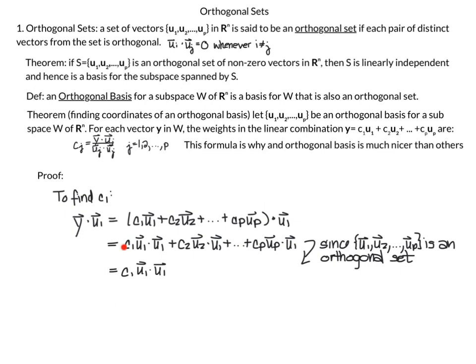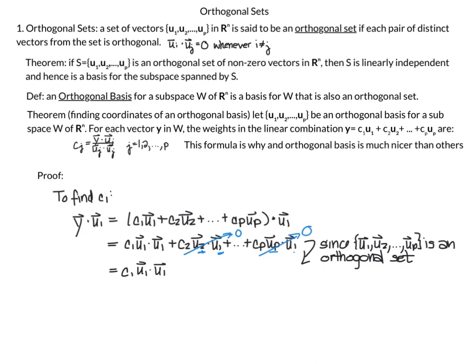We get c1 u1 dot u1, c2 u2 dot u1, up to cp up dot u1. And again, we're going to use the fact that u1, u2, up is an orthogonal set, and all these terms where u sub i and u sub j, where i does not equal j, go to 0.